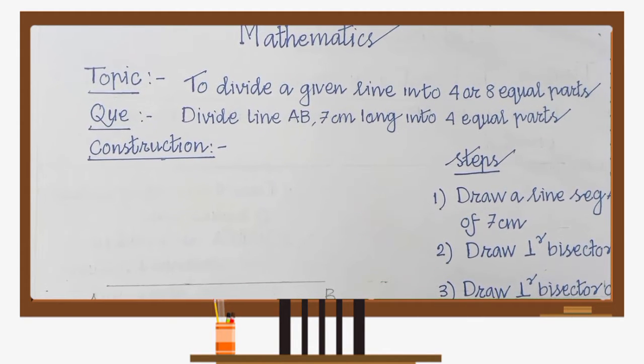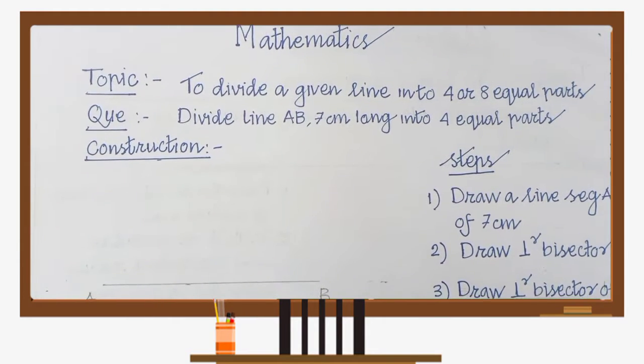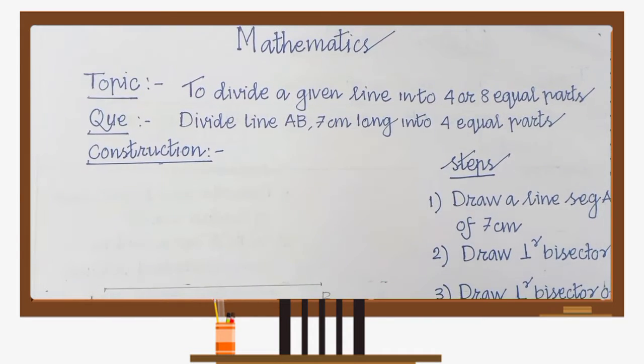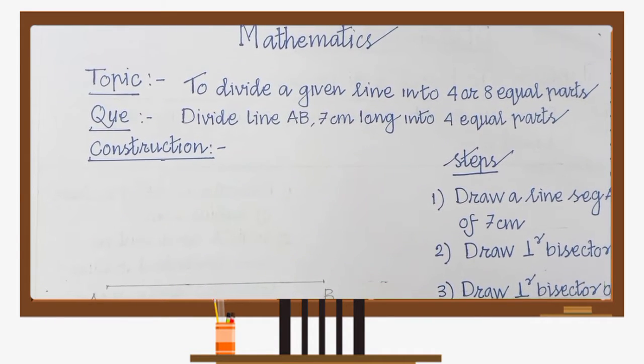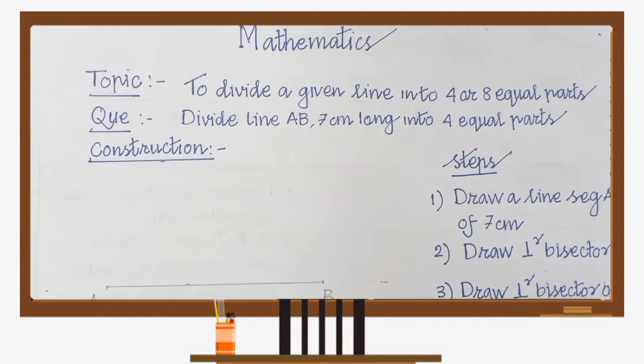So for that we have drawn here one line segment. Divide a line AB of 7 centimeter. 7 centimeter का हमने यहाँ एक लाइन सेगमेंट निकाला है. Now we have to divide that into the 4 equal parts.